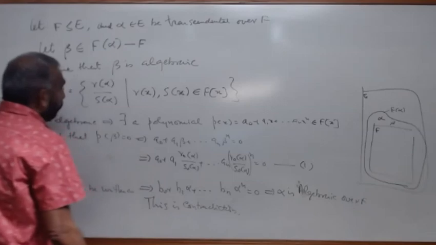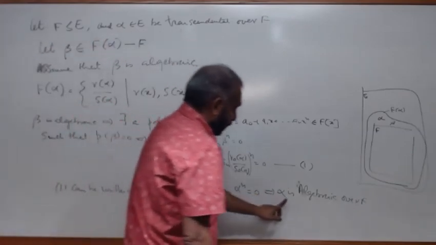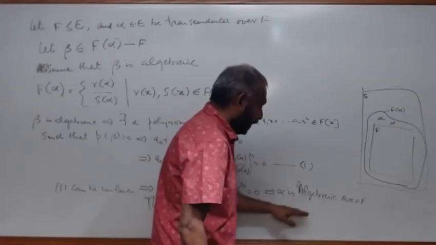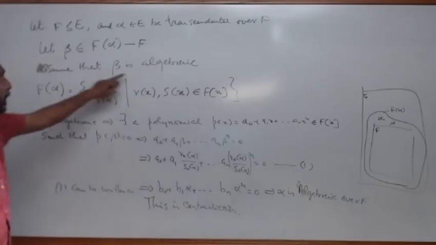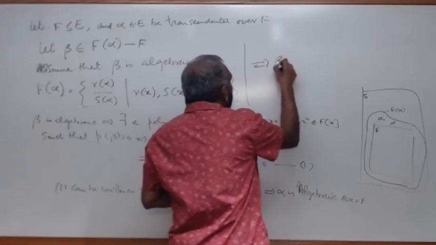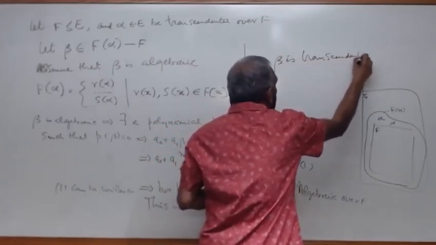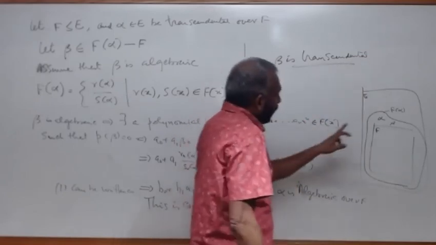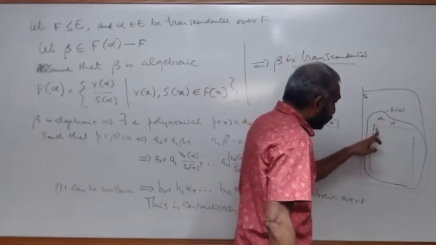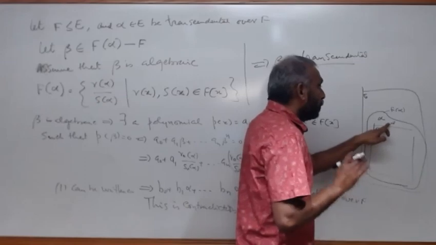Because we already assumed that alpha is transcendental and we arrived at another result of alpha is algebraic. The reason why we reached here is because we assumed that beta is algebraic. So this implies beta is transcendental. So if alpha is transcendental over F, and if you take beta outside F and inside F of alpha, that has to be transcendental.